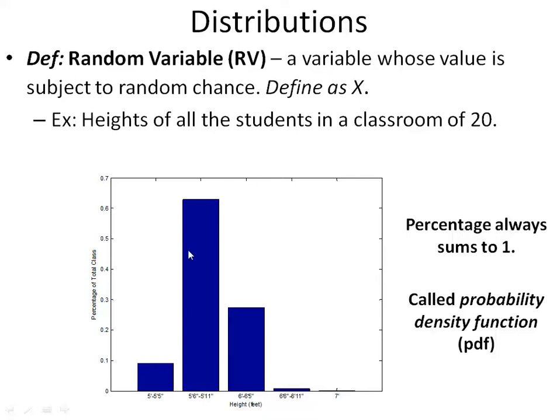And so what that means in layman's terms is just the odds of drawing a student from these specific values along the x-axis. And so moving forward, we can use these probability density functions and distributions to describe random variables.